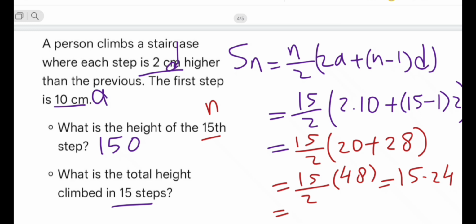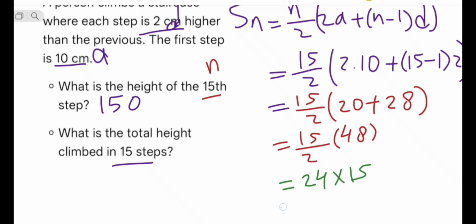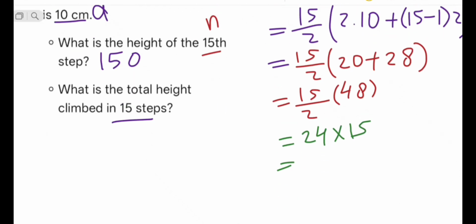So 24 multiplied by 15. 15 times 4, 60. 15 times 2, 30. 30 plus 6, 36. So this is our answer. So the total height is 360 centimeters.